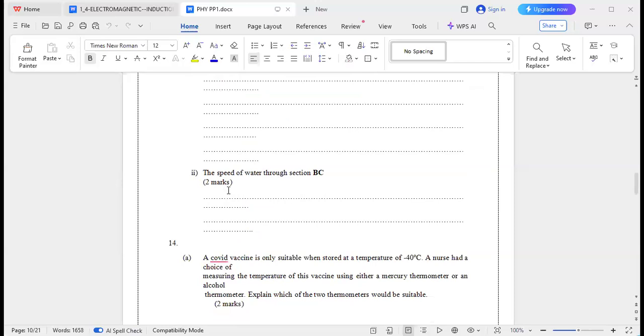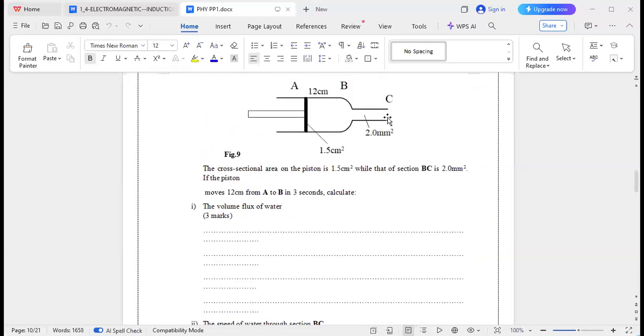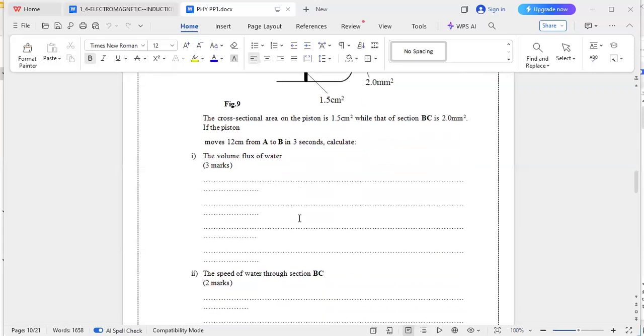Part 2 is asking, what is the speed of water through section BC? Here, the narrow section, we are given the cross-sectional area as 2.0 millimeters squared. So you will say A1V1 equals A2V2.